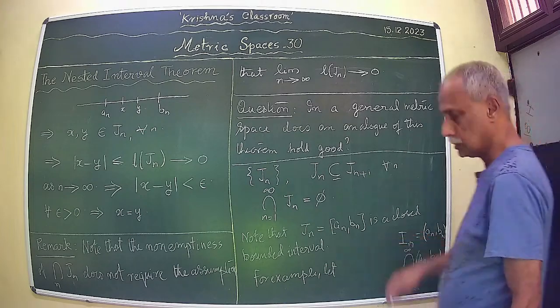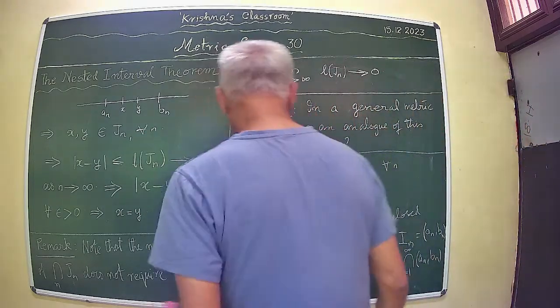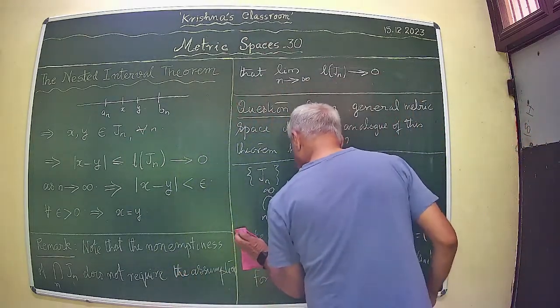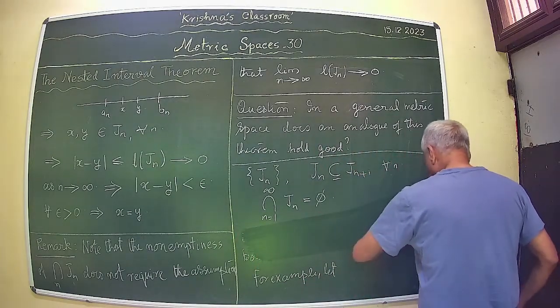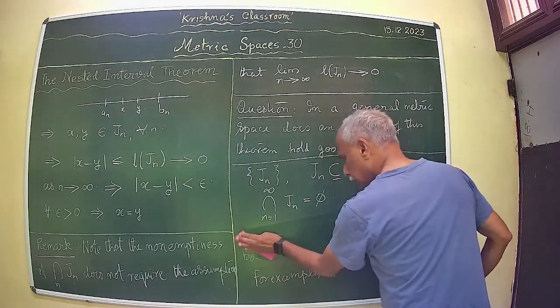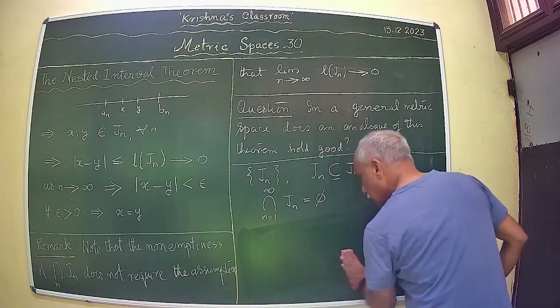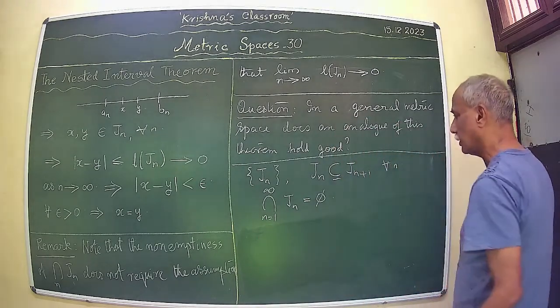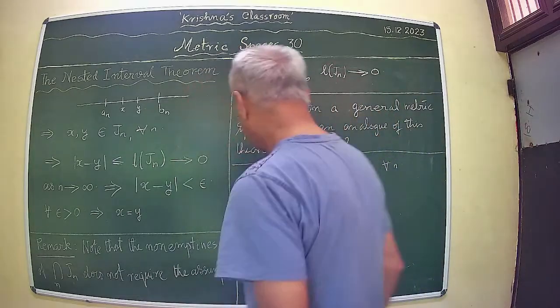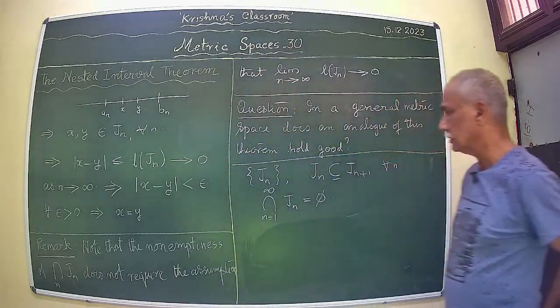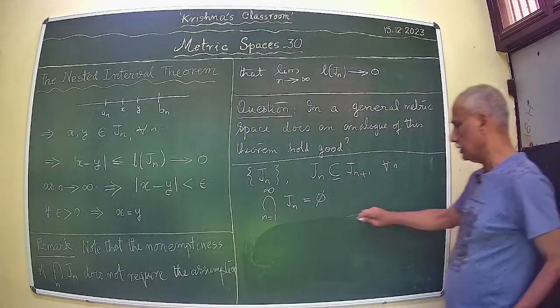Okay, so let me not make this example. So we have the assumption that Jn is a closed bounded interval.